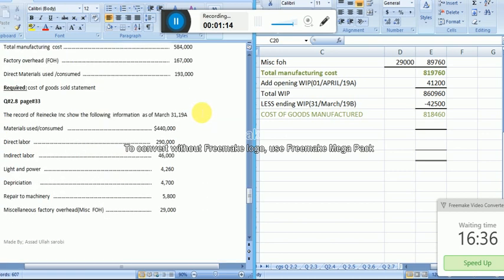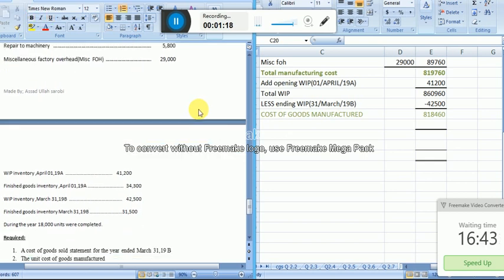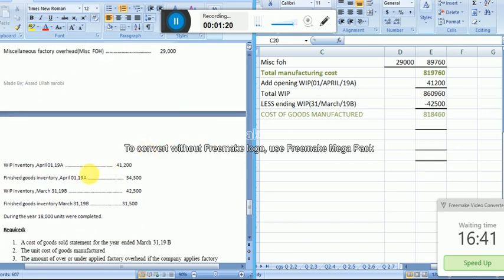If we look at the question, finished goods inventory on April 1st 19A means the 34,300 finished goods that remain from the previous year.